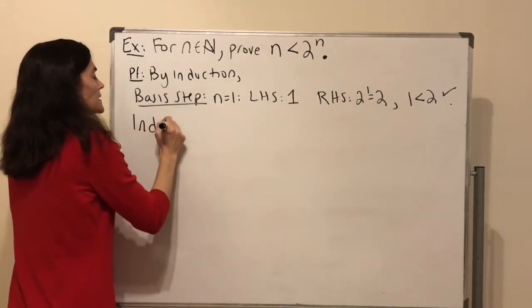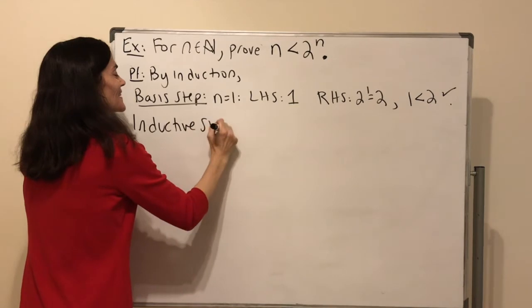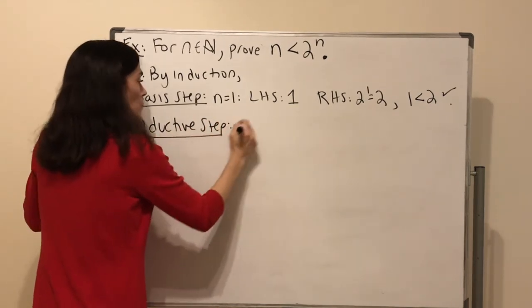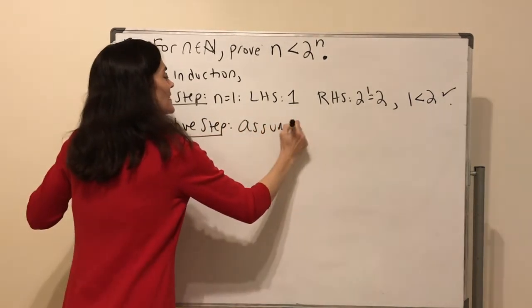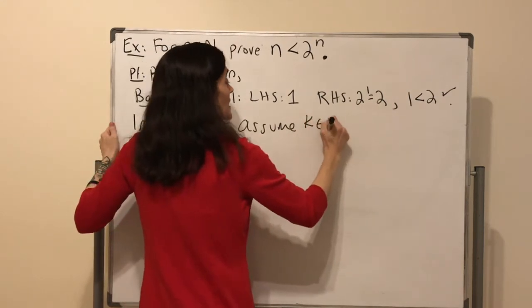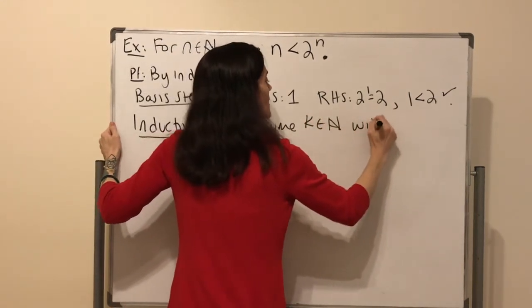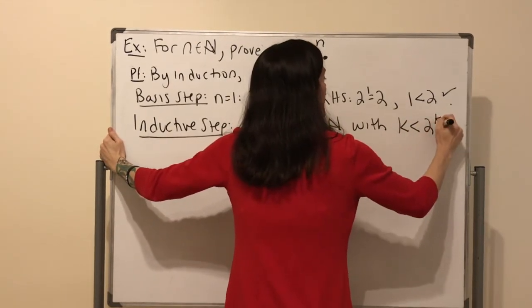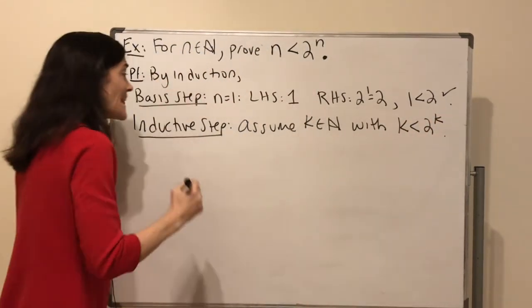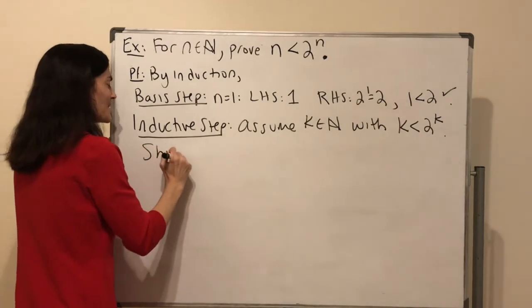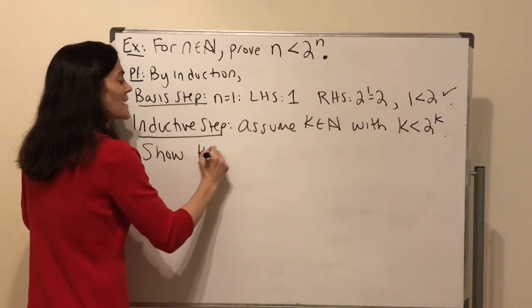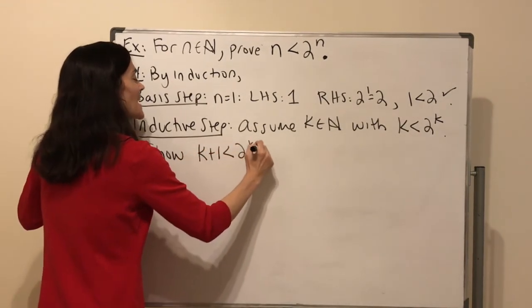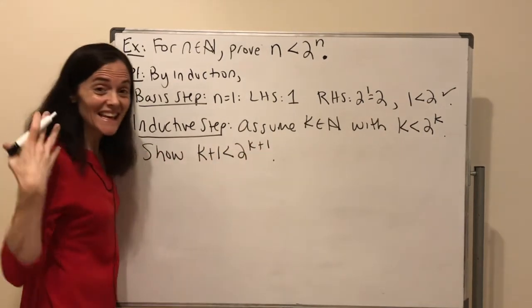Now for the inductive step, we assume we have a natural number k with k less than 2 to the k. And then we want to show that k plus 1 is less than 2 to the k plus 1 using induction.